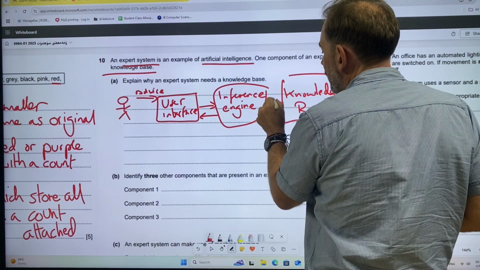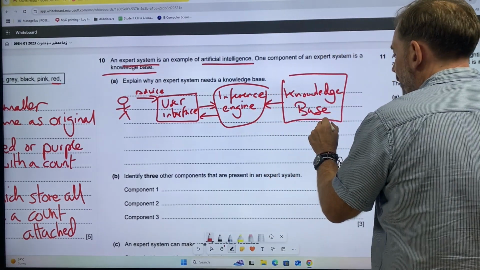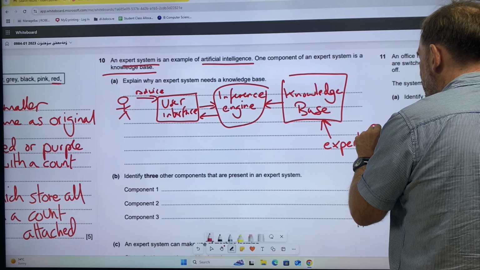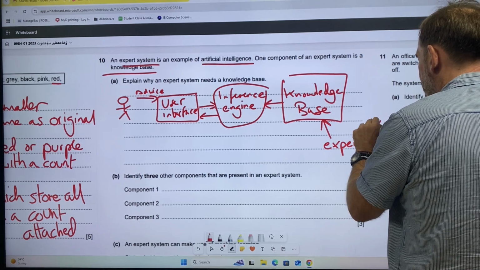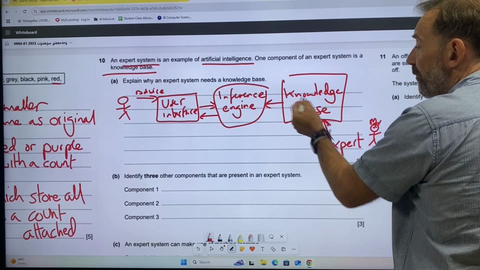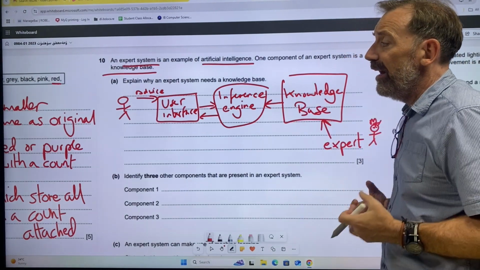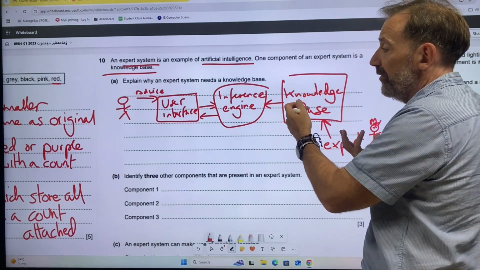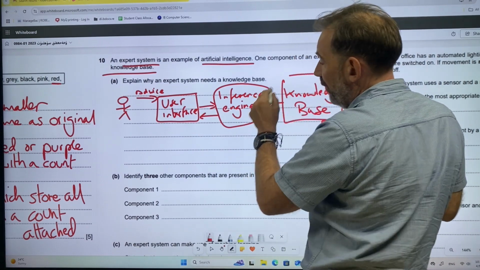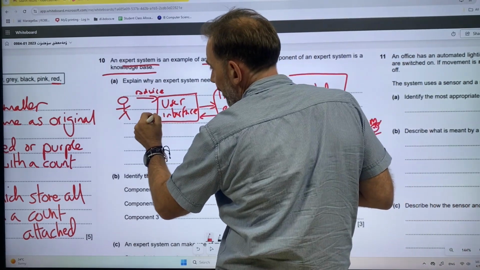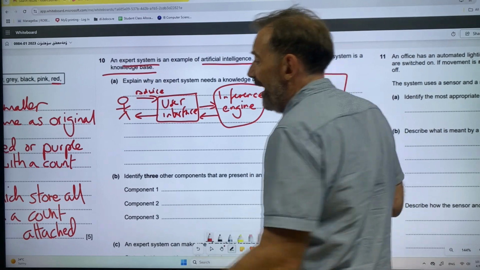Experts, scientists, feed information into the knowledge base. They give their information to the knowledge base.